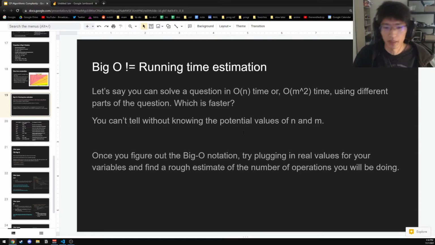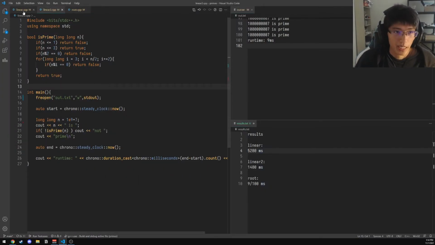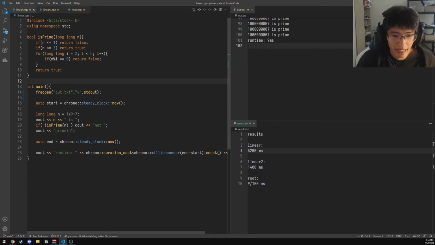So to get a better estimate of the number of operations you'll be doing, you should try plugging in real values. So for example here, we had 1 billion, and then linear time. So 1 billion divided by 10 to the 8th, 10 to the 9 divided by 10 to the 8 is around 10. So an upper range estimate might be like 10 seconds or something.